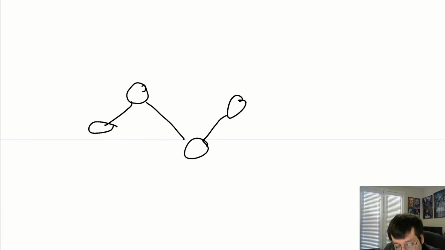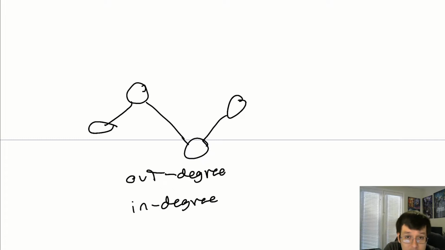And so again, instead of vertices, you can call them nodes in graphs. But the point is that when you're looking at how many edges are coming out of a node, that's called the out degree. And how many edges are coming into the node, if it's directed, that's just called the in degree. If it's undirected, such as here where there's no arrows, you just call it the degree.